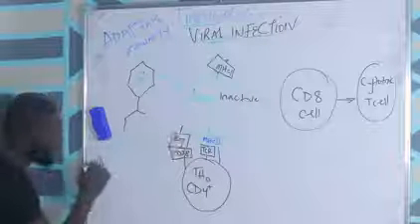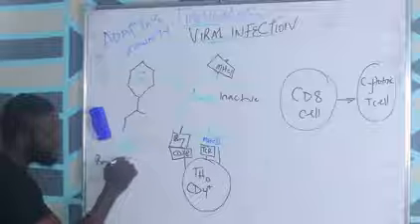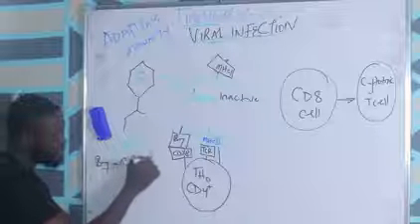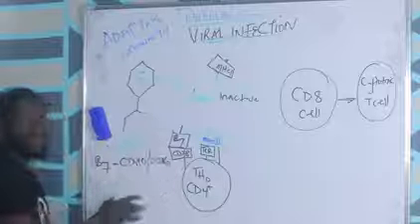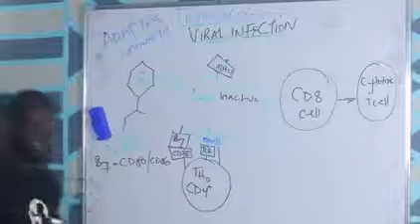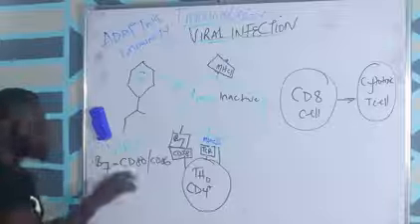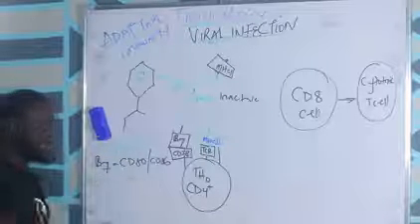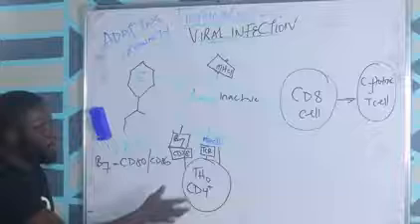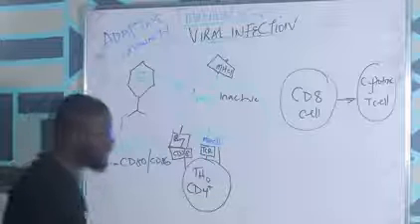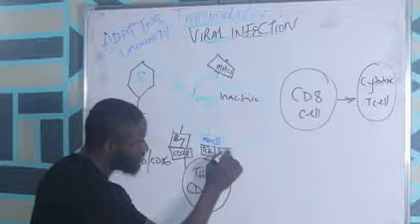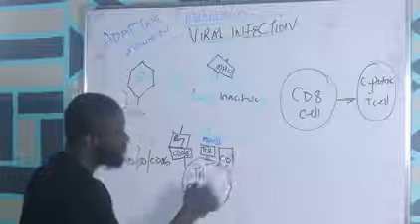Another name for B7 is CD80 or CD86. Do not forget, this is a real point for those that are writing exams under immunology and viral infection. B7 is also called CD80 or CD86. So when all these things are bound, this is mediated by CD4, please.